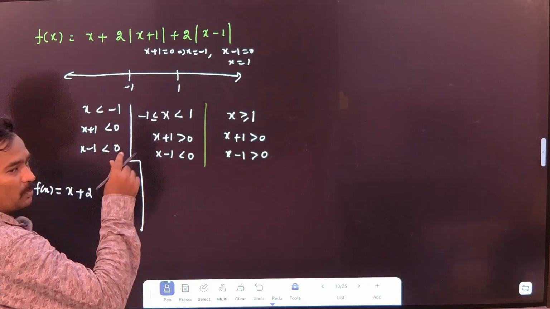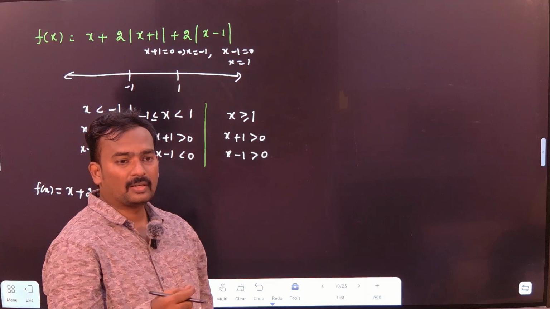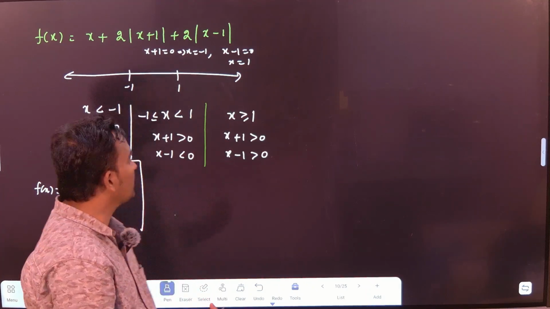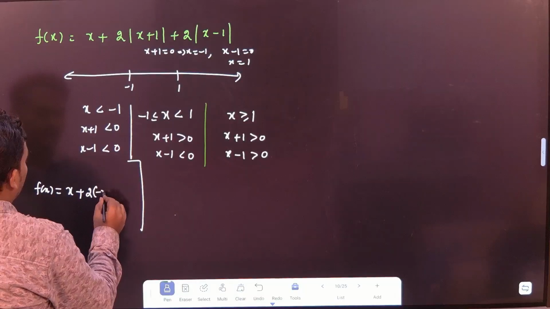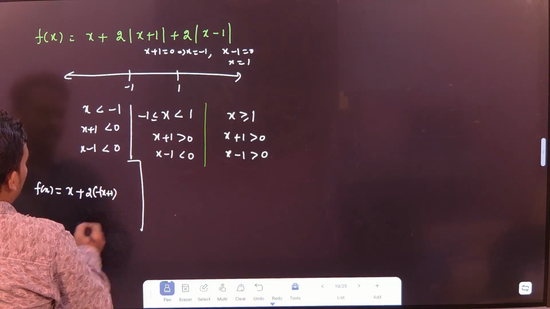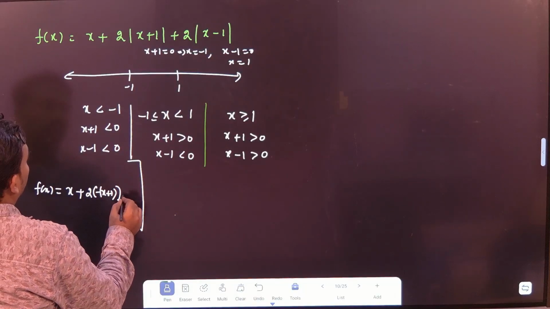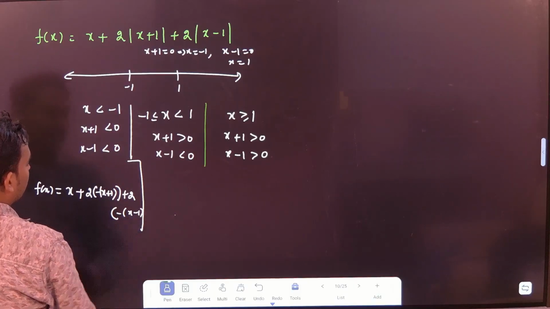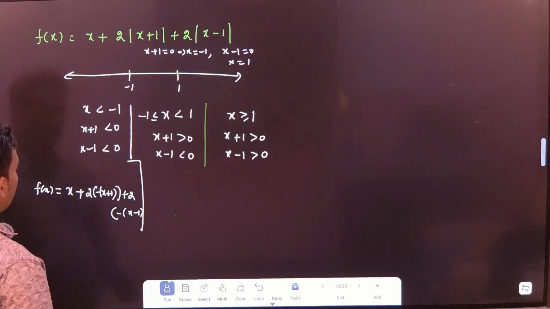Then x plus mod x plus 1, when x plus 1 is negative, is minus of x plus 1, plus 2 times minus of x minus 1, right? Because x minus 1 is also negative.